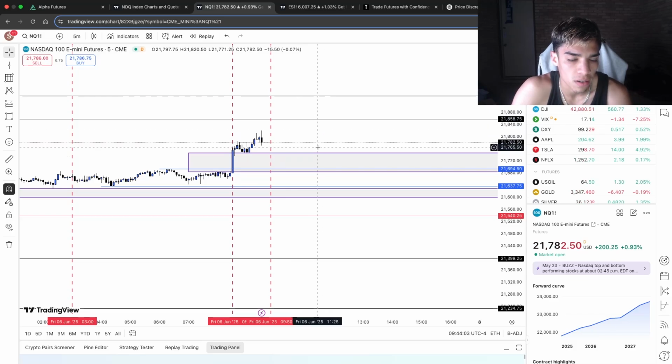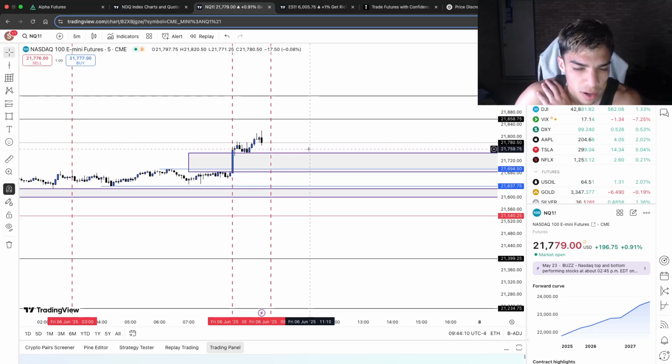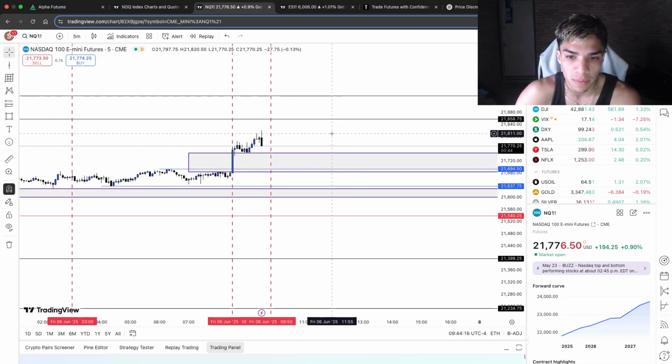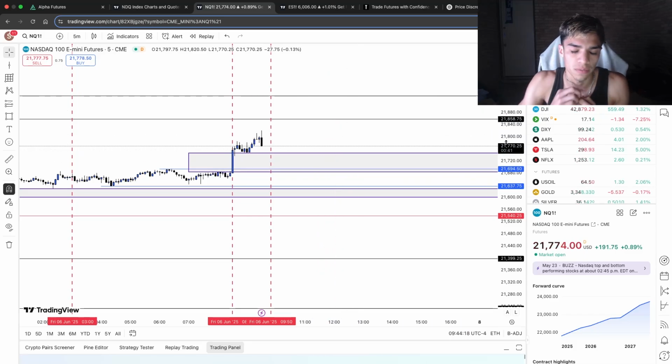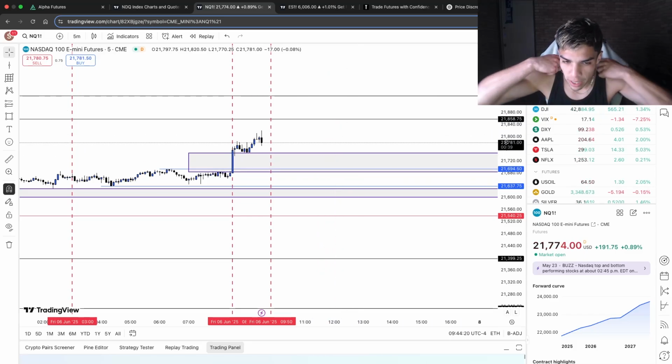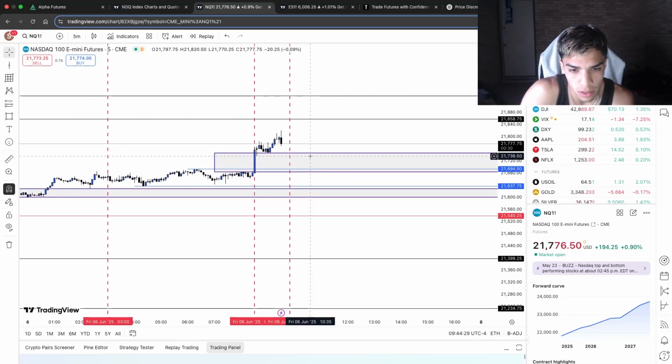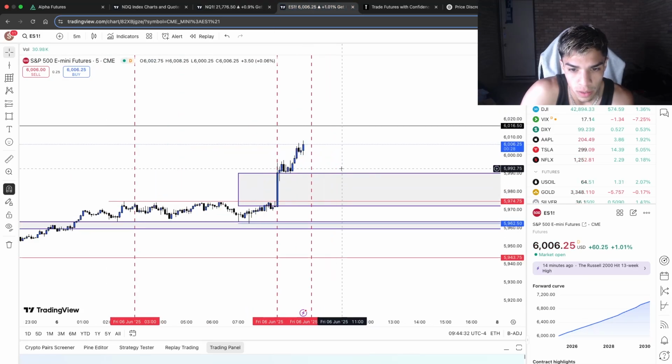Not a break of structure, but I would like to see a blue candle break above the fair value gap, so that I can enter the trade. But right now we're just monitoring, seeing what the market wants to do.